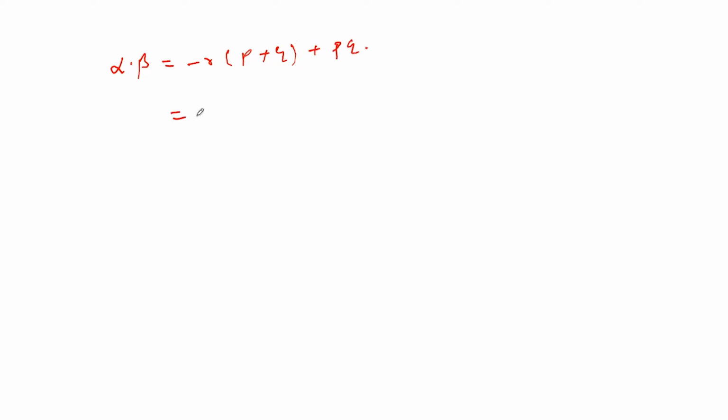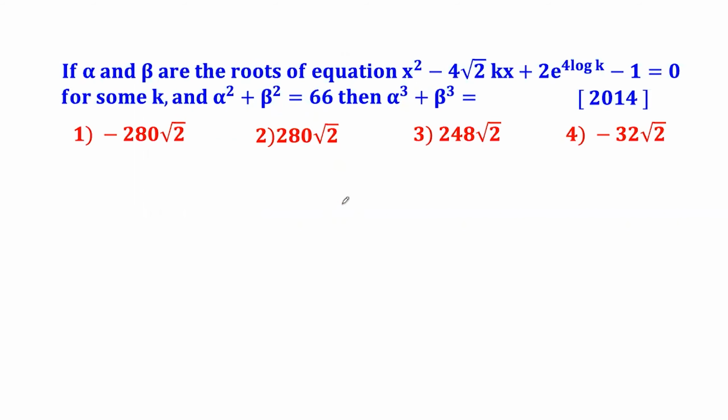Put the value of r: minus of (p plus q) by 2 into (p plus q) plus pq. You are getting minus of (p square plus q square) by 2. This is again a simple question, but essentially you have to use the basic formulas. 100% you are getting the answer on this, right?